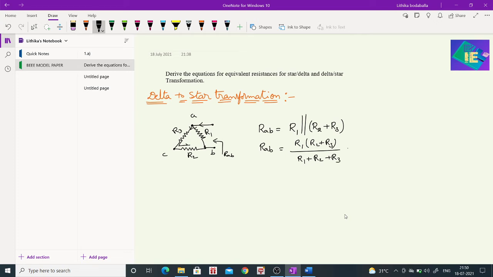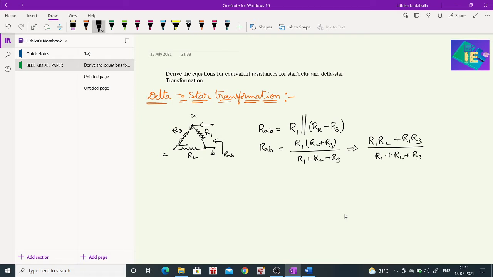So, I am rewriting this. I am multiplying both the terms R2 and R3 with R1. So, it will become R1 R2 plus R1 R3, divided by R1 plus R2 plus R3.